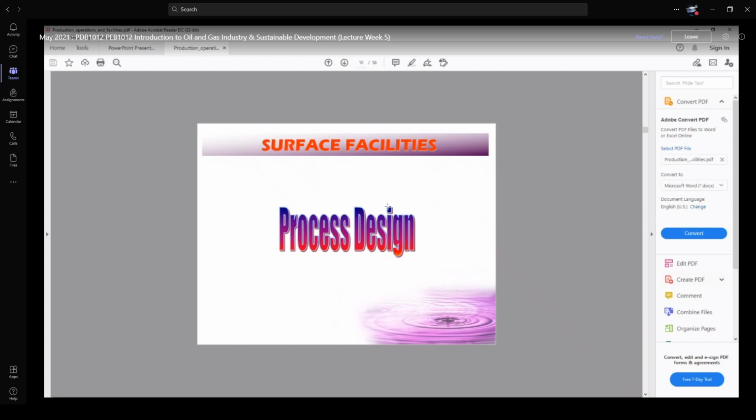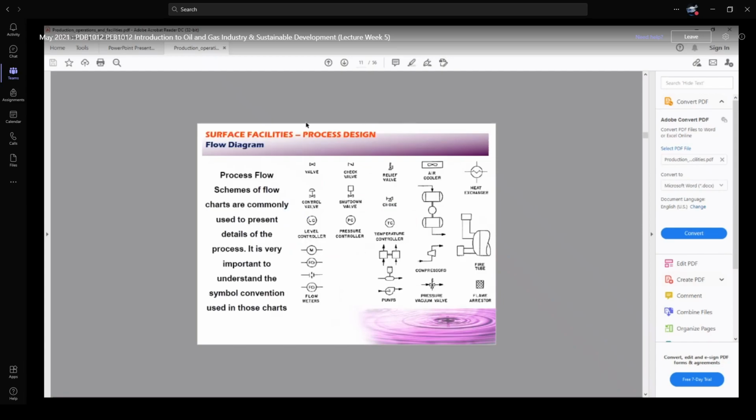Okay, let's talk about the process design. Here we have some symbols that are normally used for the different processes in production operations or the surface facilities.